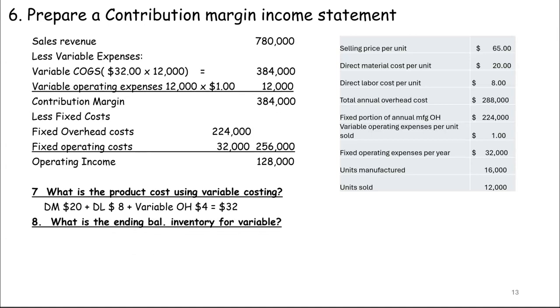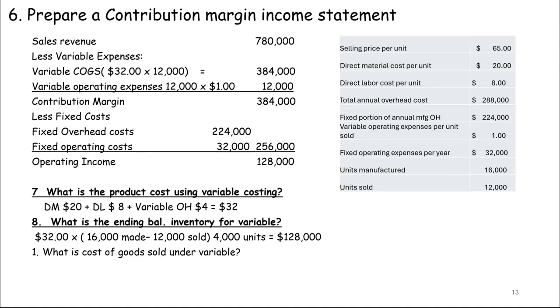What is the ending inventory balance for variable? It's going to be $32 times 4,000 units. It's 128,000. What is the cost of goods sold under variable? And actually, it's 384,000.